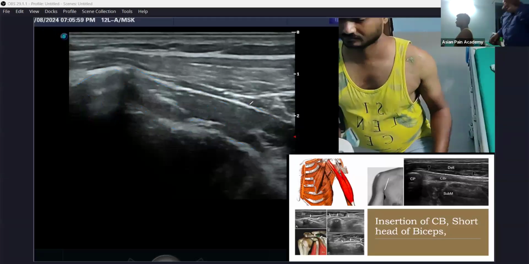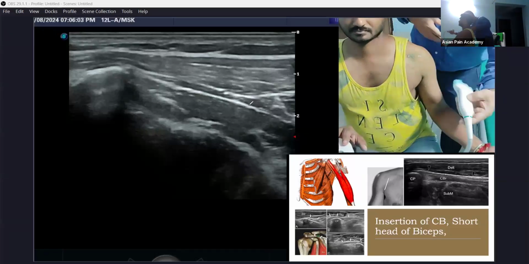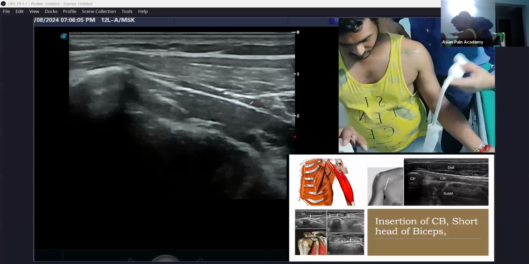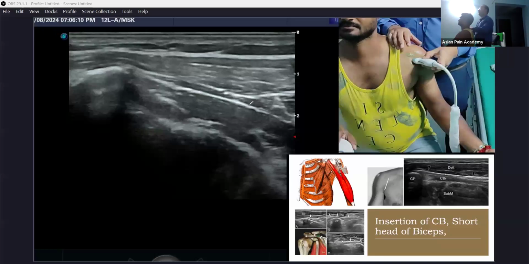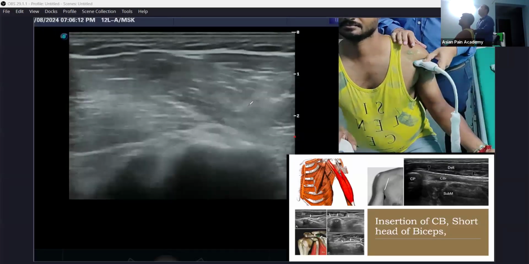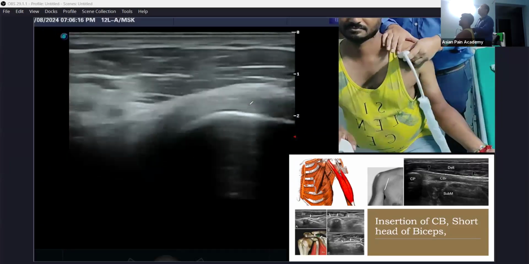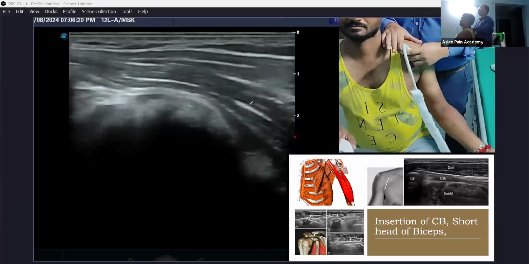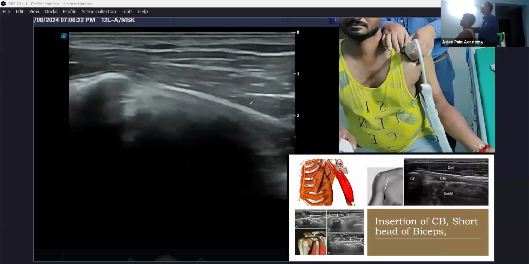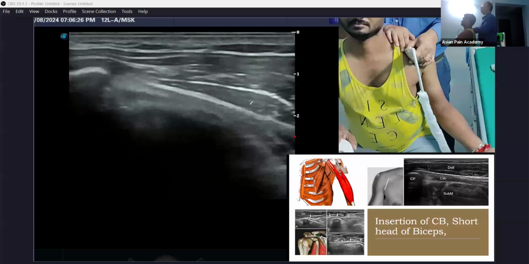Now I will show you the short head of biceps. Again, I show you the coracoid process first. From here, I am going to show you. So this is the short head of biceps.